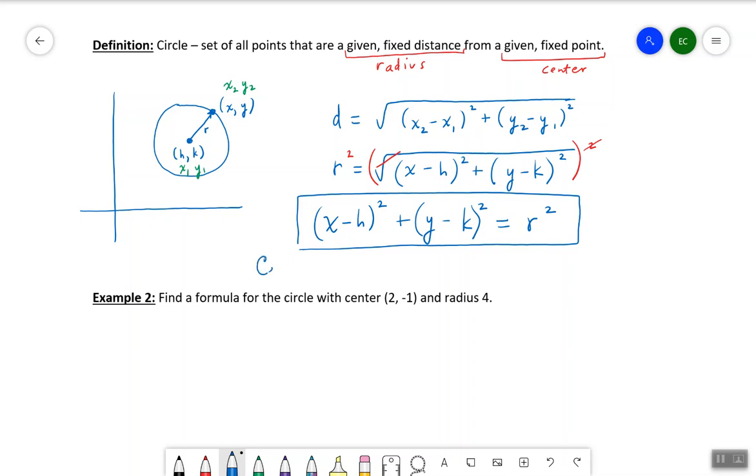That's called the center-radius form of a circle, where the center is at (h, k) and the radius is r.